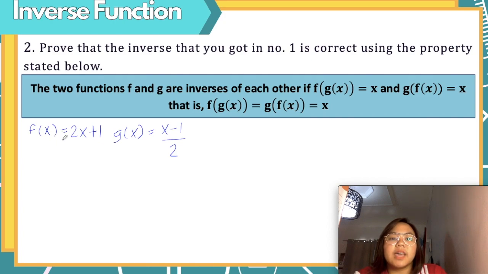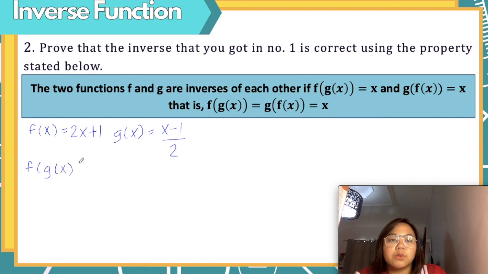Okay. Then, we will be using this property. So we have to substitute g of x to f of x and also f of x to g of x, and both of them should be equal to x. Okay. So let's start first with f of g of x.